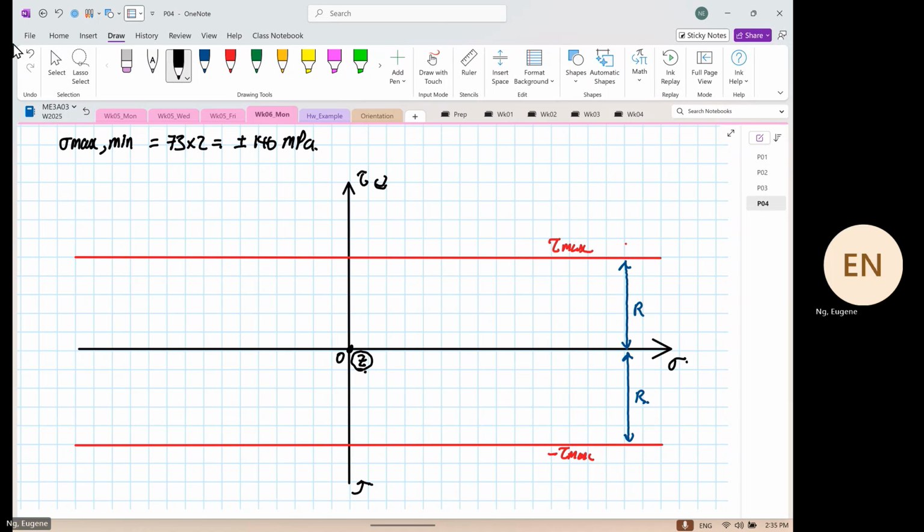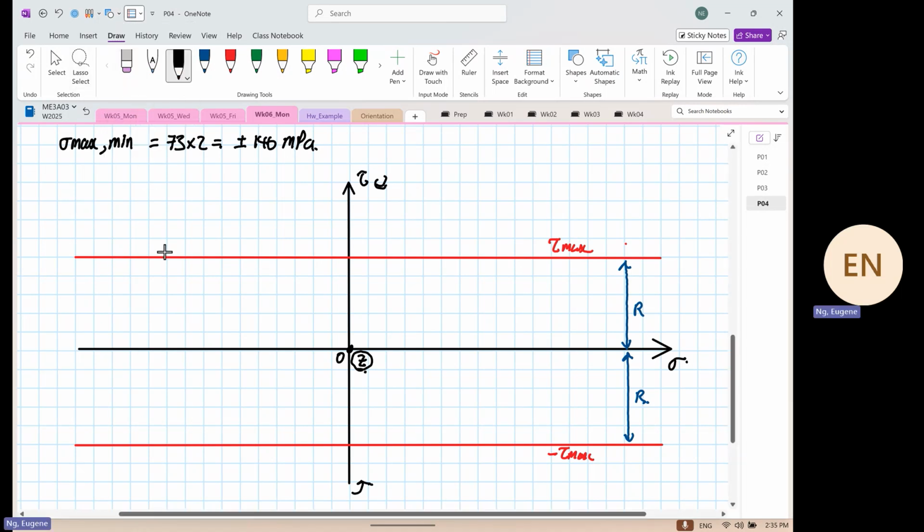The next thing I'm going to draw is the circle that touches the maximum positive shear and the maximum negative shear. So this is the circle.